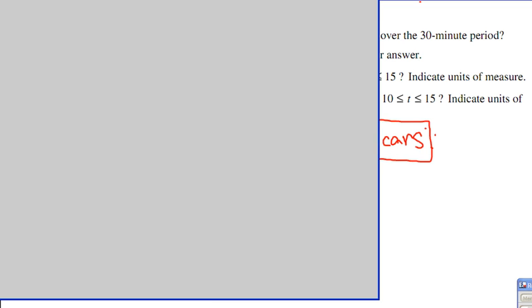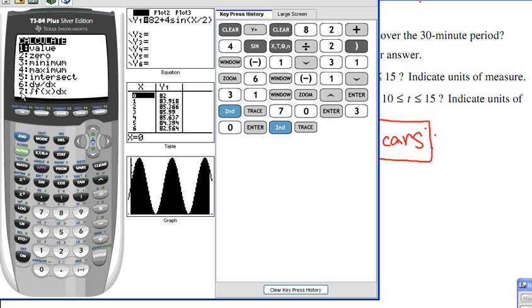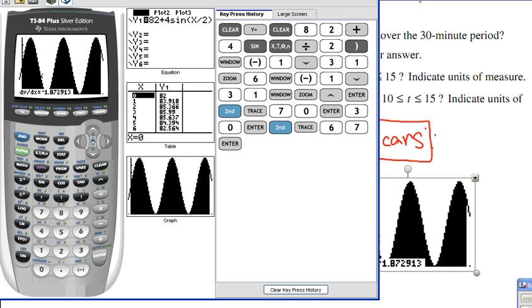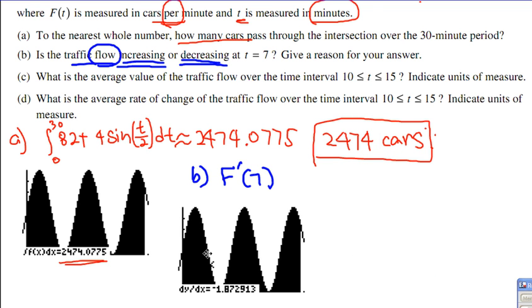Since the time is 7, we'll have to go back to the calculator, and we'll do second calc, and number 6, as you can see over there, and then x was equal to 7. Then we realize that f prime of 7 is this number right here, approximately negative 1.87.